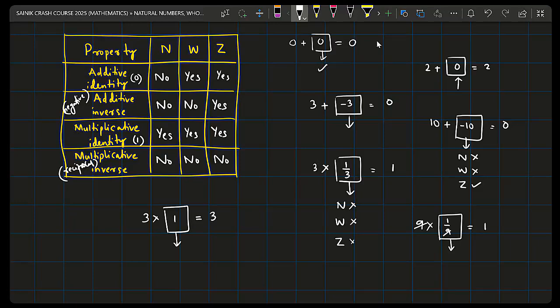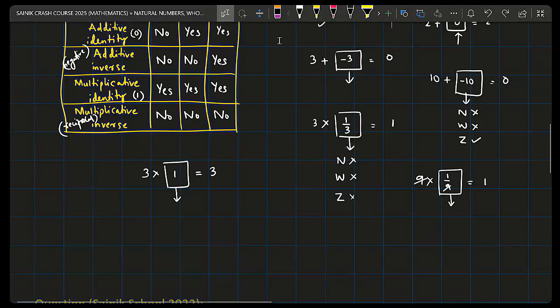Sir, 5. 5 you will add which number so that the answer is additive identity 0? Is it minus 5, Manaswini? Yes, sir, because 5 minus 5 is going to be 0. But is minus 5 found in whole numbers? No, sir, it is not satisfying. But integers will satisfy because in integers minus 5 will be there, right? Is it clear? Yes, sir.